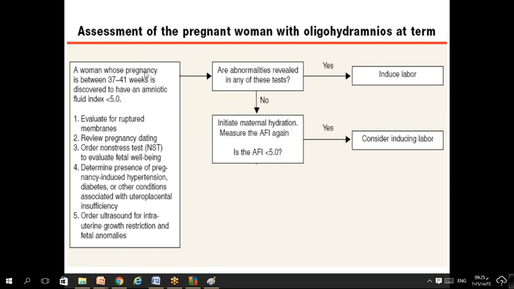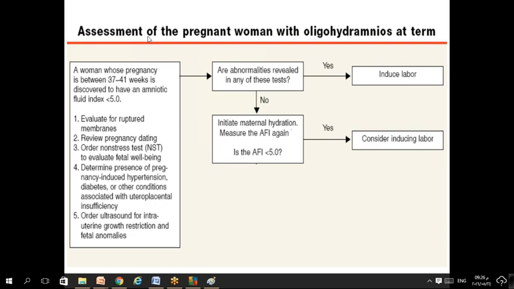This is just a help for you, especially when you find oligohydramnios at term. You need to exclude rupture of membranes. You need to review the dating of the patient. You need to exclude especially growth restriction. Okay.